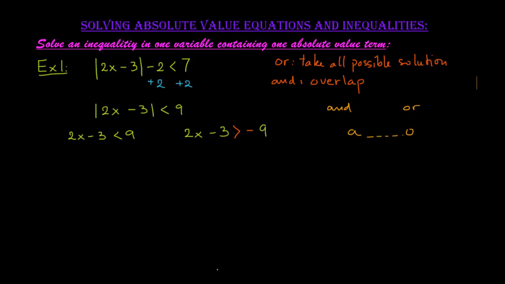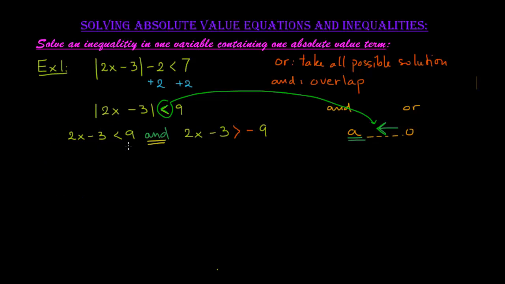Right now we have less than 9, so I bring this inequality and put it between A and O. So we have greater than, less than. When you put it in, this inequality points to which one I should use. So I will use and as the connection between the two inequalities. So my problem is an and problem.